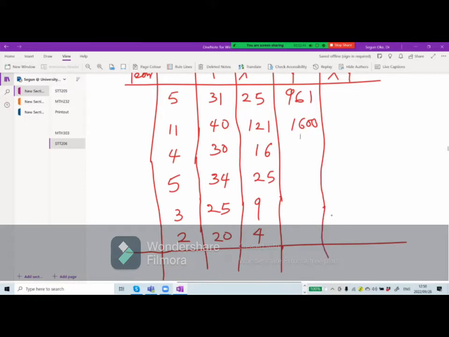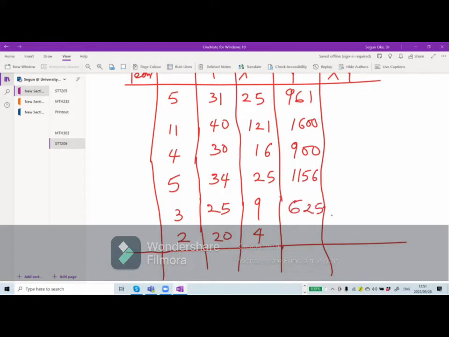You guys have to be careful. Okay, let's continue. 900. 1,156, which is 34 squared. 25 times 25 is 625. And 400.